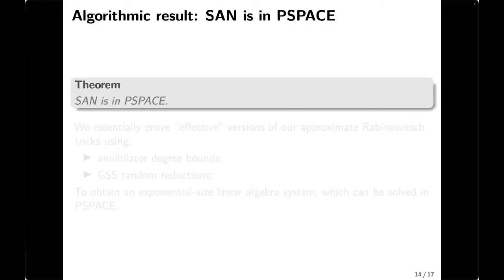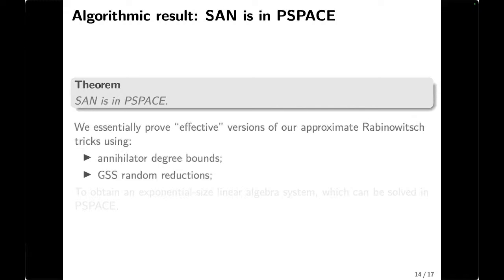Computationally, we can show that this is also in PSPACE. This is done by proving effective versions of the approximate Rabinowitsch tricks that we had, using annihilator degree bounds which are known due to Perron and Kayal.